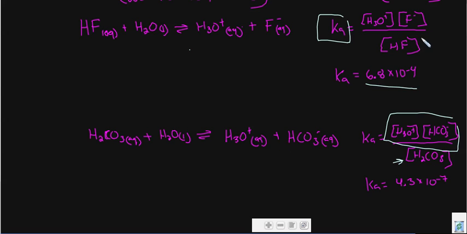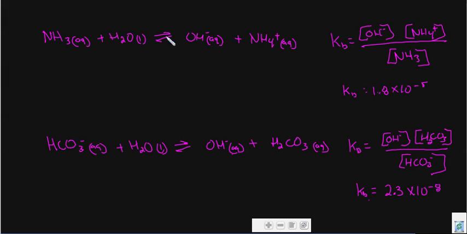So with hydrofluoric acid, these products are greater with respect to the original reactant. We're going to have a greater amount of hydronium ions with hydrofluoric acid than with carbonic acid, meaning that this is going to have a lower pH than this one. So Ka gives us a quick way to get a general idea of which weak acid is going to be stronger than another.